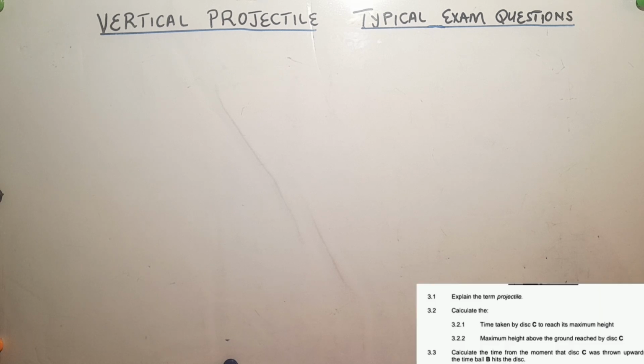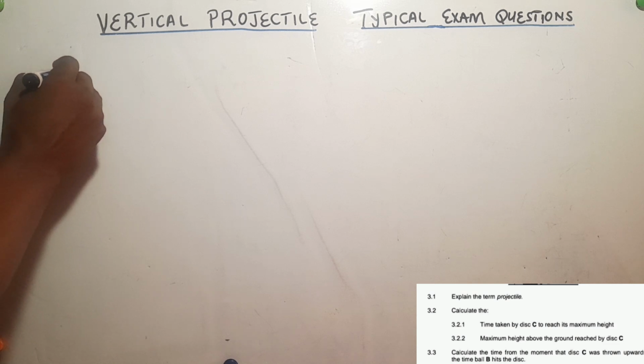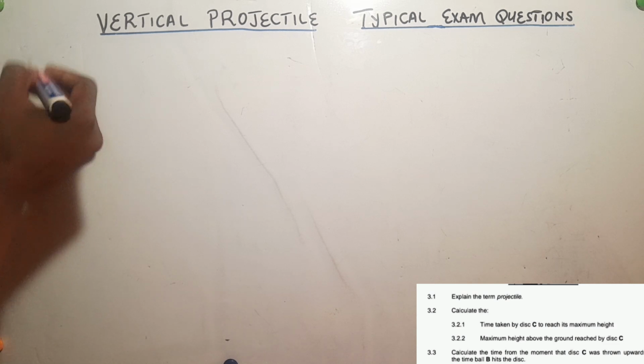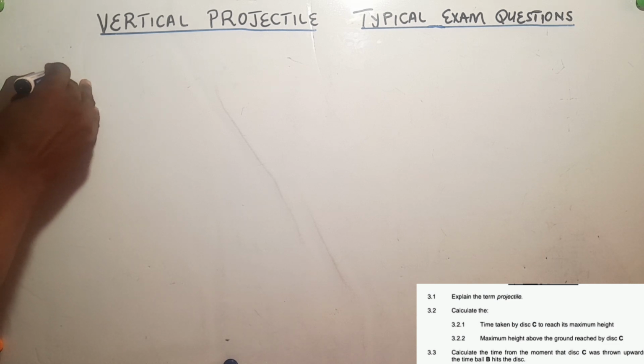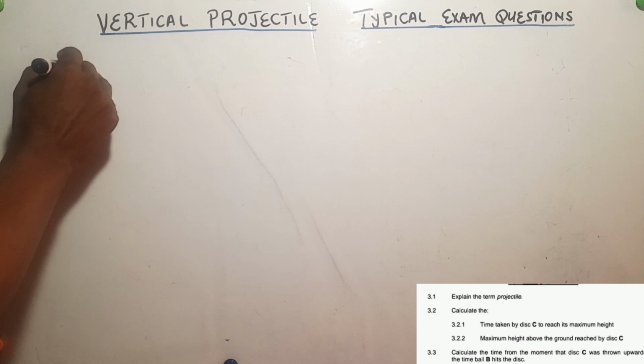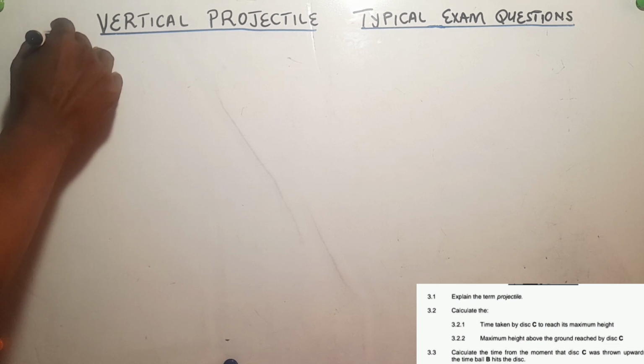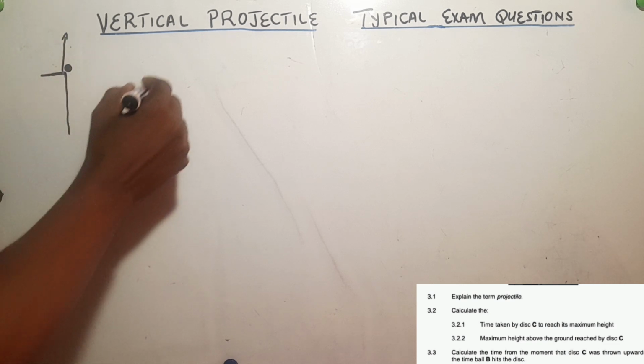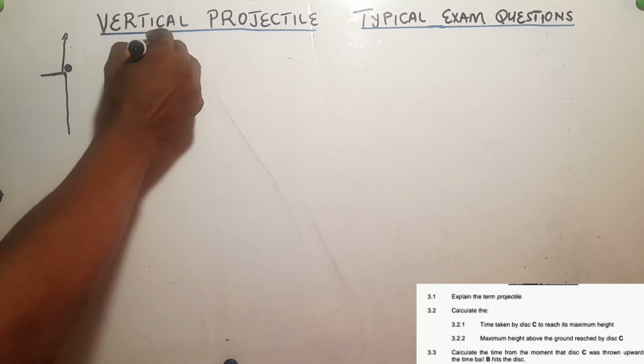So before answering any question, what you have to do is to do a small diagram that will help you to understand everything. Here it's fortunate they drew something for us, so you can just have C there. This is disk C that is thrown upwards at 15 meters per second. So everything that you know about C, let's write it down.